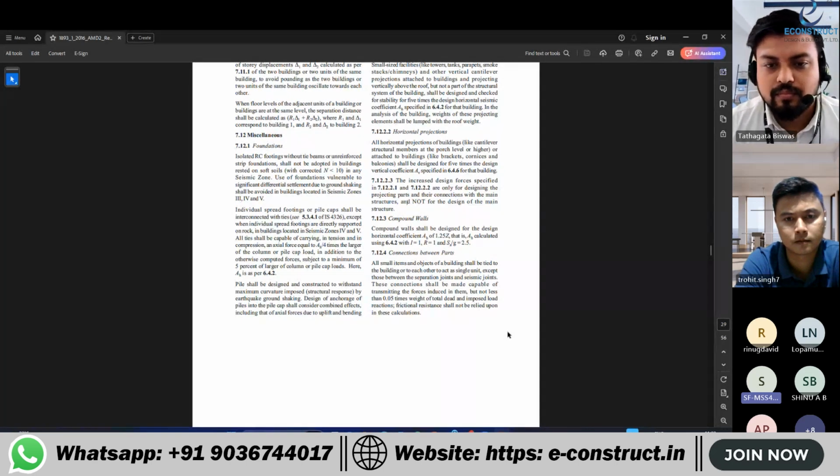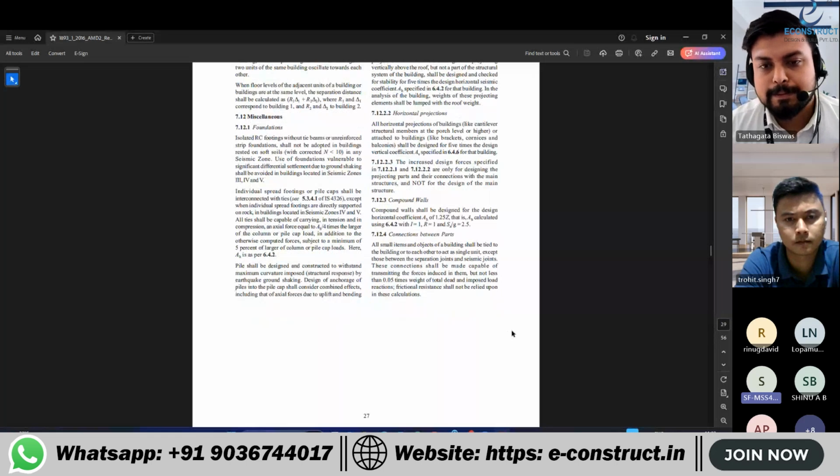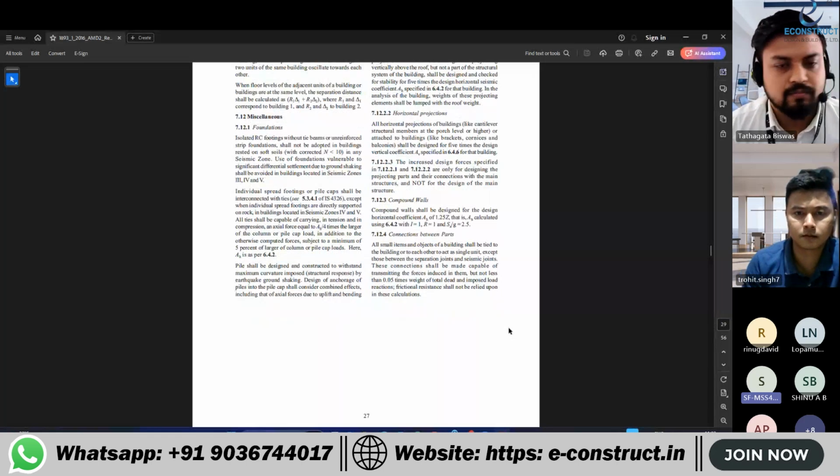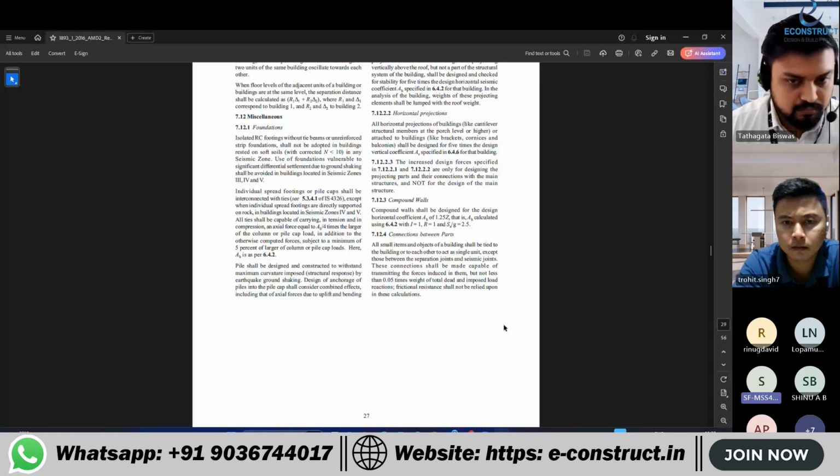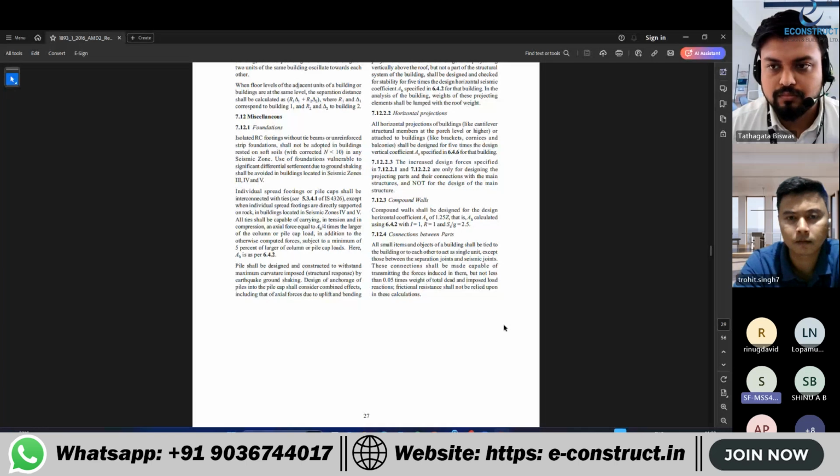Clause number 7.12.3, compound walls. Compound walls shall be designed for the design horizontal coefficient AH of 1.25Z, that is AH calculated using 6.4.2 with I equal to 1, R equal to 1 and Sa/g equal to 2.5.